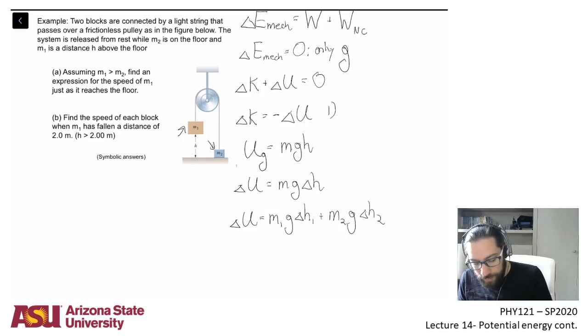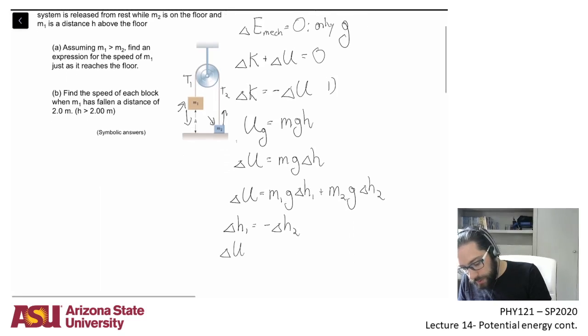In this problem, you can see that if this mass goes down, this mass is going to come up by an equal amount because the tension in the rope is the same. This is something that's built into this problem, and I'm going to go over it in more detail in class. For now, let's move on. Therefore, delta h1 is equal to minus delta h2.